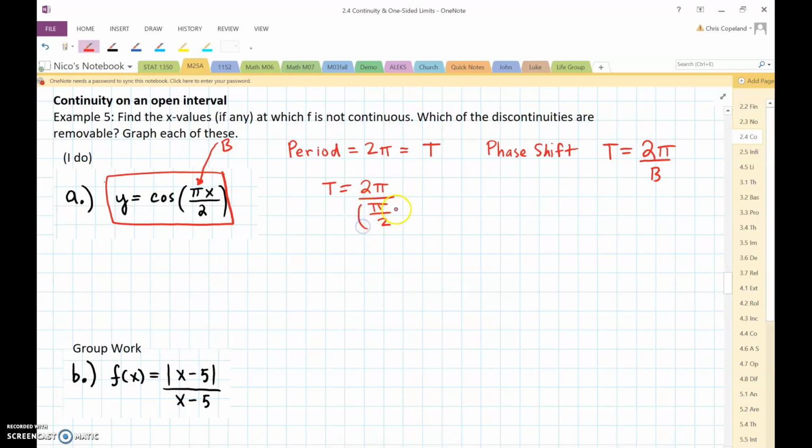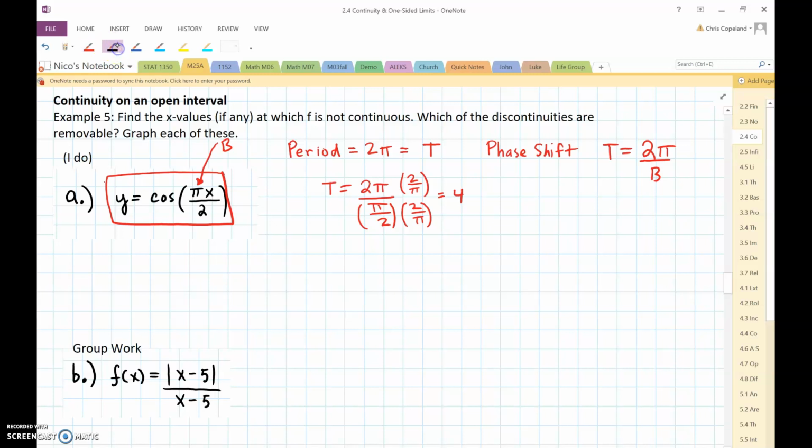And then if we want to simplify this, we can multiply the numerator and the denominator by 2 over pi and end up getting 4. So now what this does, when this pi over 2 is multiplied by x, is it changes the period. So the period here is going to be 4.